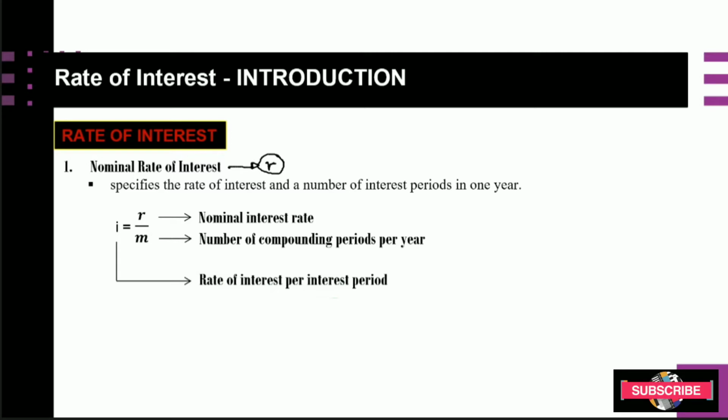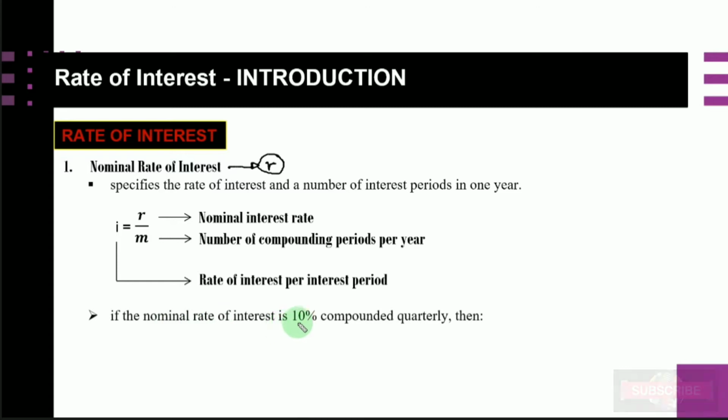We have this simple example: if the nominal rate of interest is 10% compounded quarterly, take note, if you encounter words in problems where there is a presence of compoundings, like compounded quarterly, annually, semi-annually, basically your rate of interest is R, and you need to get the value of your I, the rate of interest per interest period. So what happens here is you divide this 10 by your M, which is quarterly, so your M there is 4.